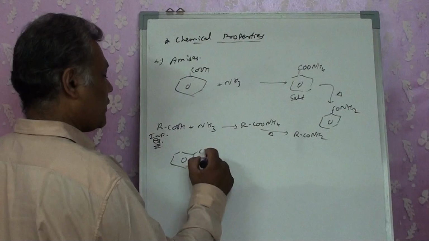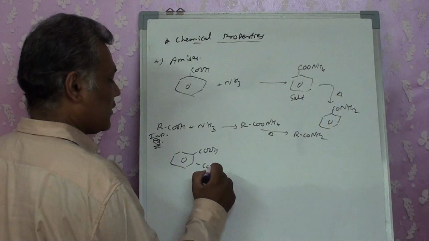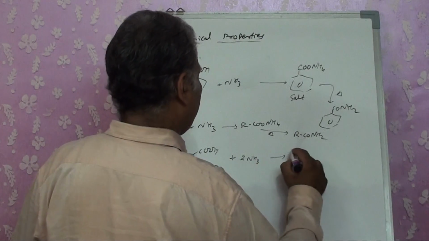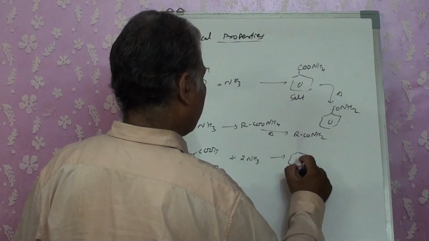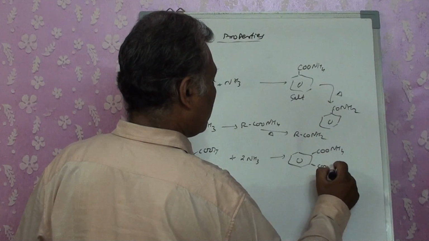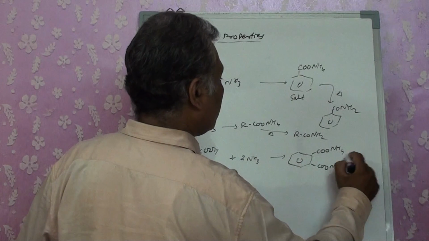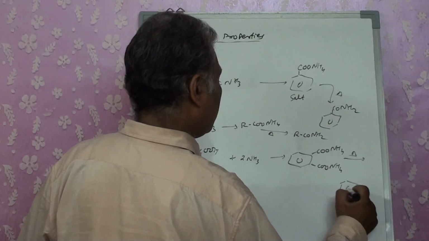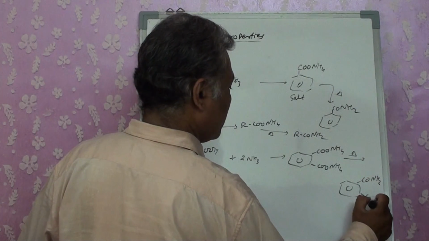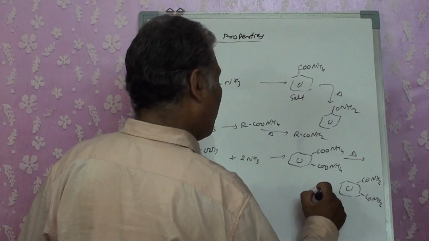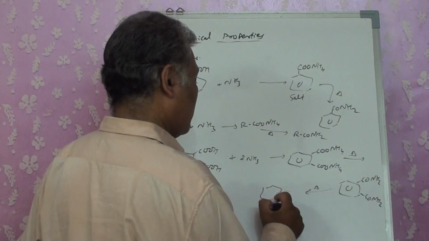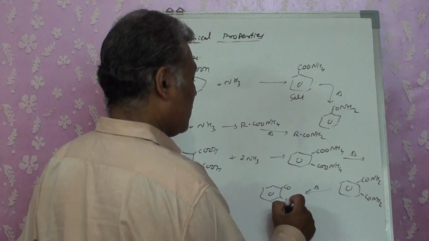If we have a dicarboxylic acid reacted with 2 moles of NH3, it gets converted into COONH4, COONH4, which on heating gets converted into CONH2, CONH2. Further excess heating converts it into phthalimide.